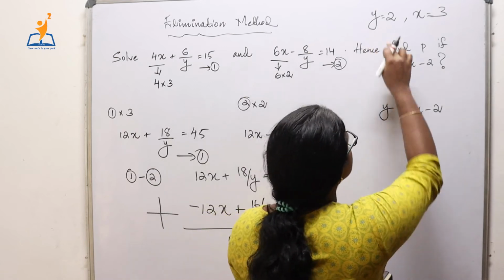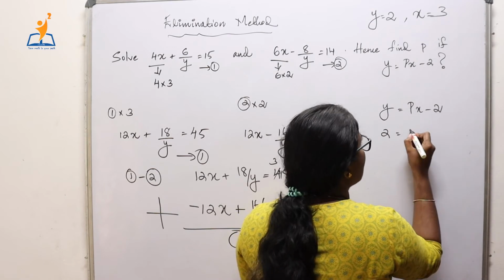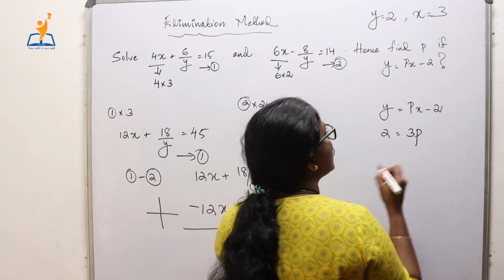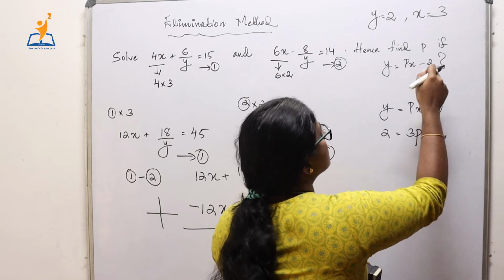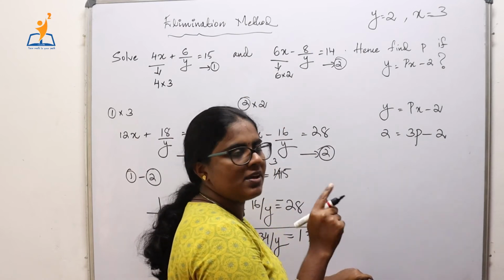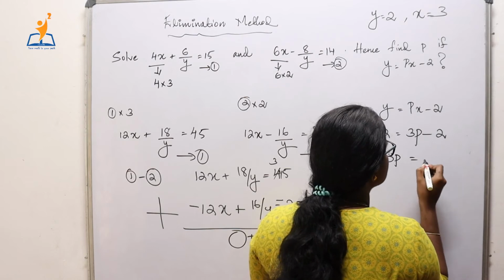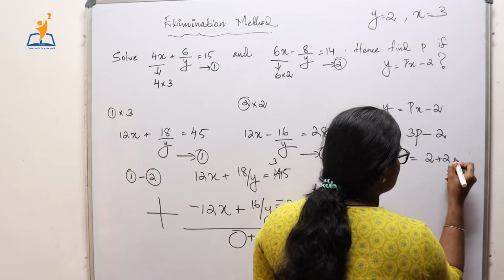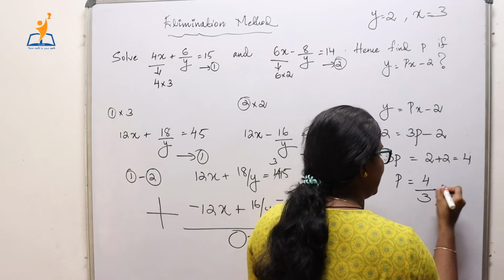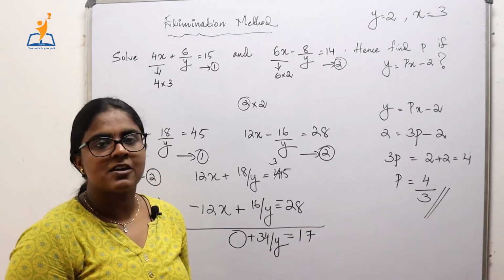So we can substitute y equal to 2 here and x equal to 3 here, that is px means 3p minus 2. That is the equation. Now it is easy. This is an equation in one variable, so we can solve it easily. That is 3p is equal to 2 plus 2, that is 4, and p is equal to 4 by 3. So this is the value of p. Now that's the question.